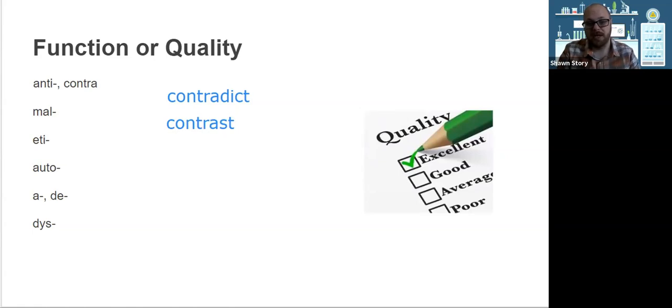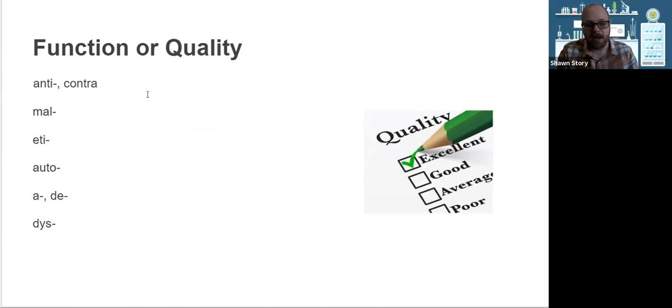When I look at the word contradict, dict is word, like dictionary, your list of words. So contradict is to use words against it. You're basically saying something that's the opposite, a contradiction.